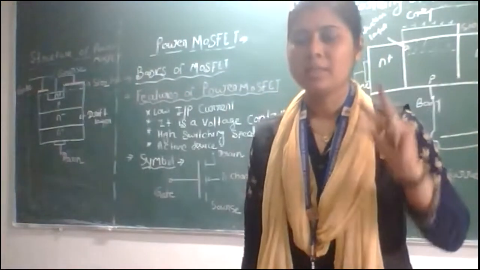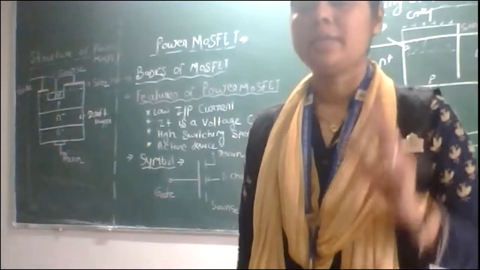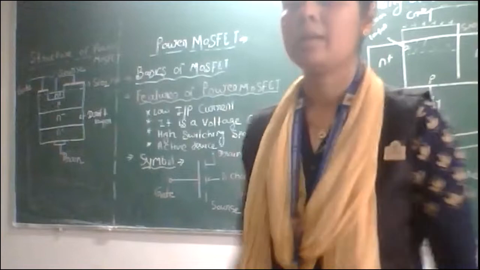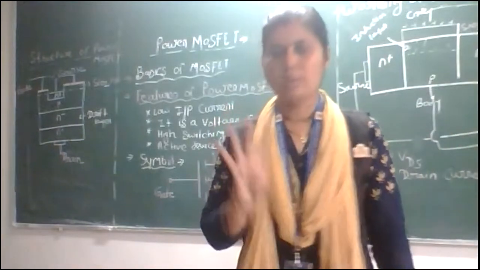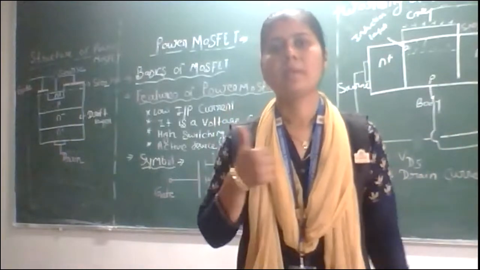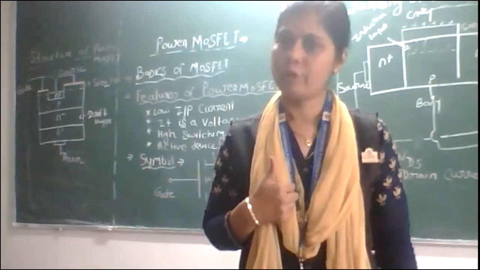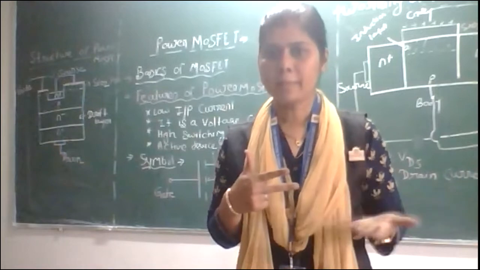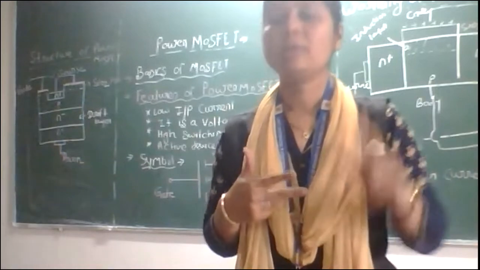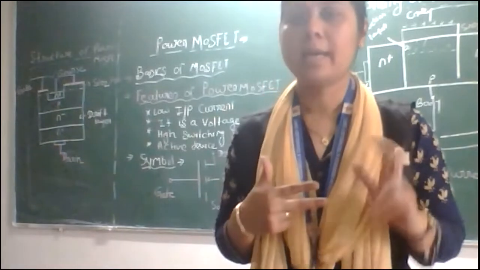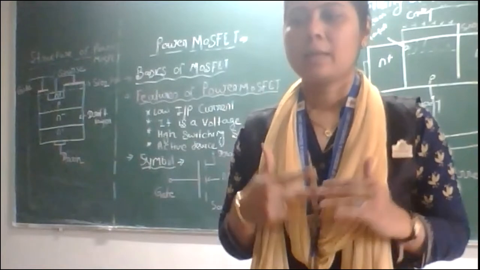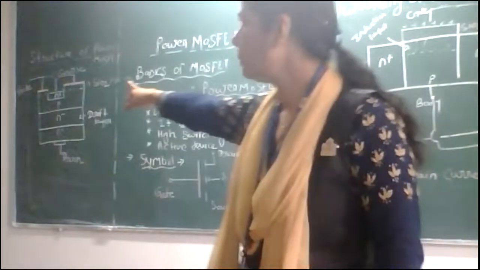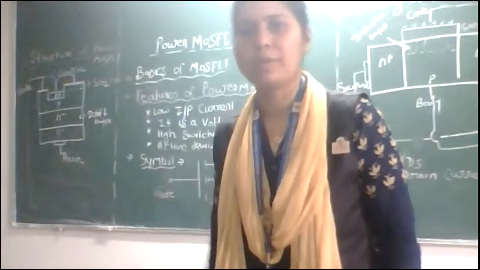Second, it provides the voltage handling capacity of the MOSFET. So, SiO2 layer for insulation and drift layer for improving switching capacity as well as voltage handling capacity. This is the basic structure of the power MOSFET.